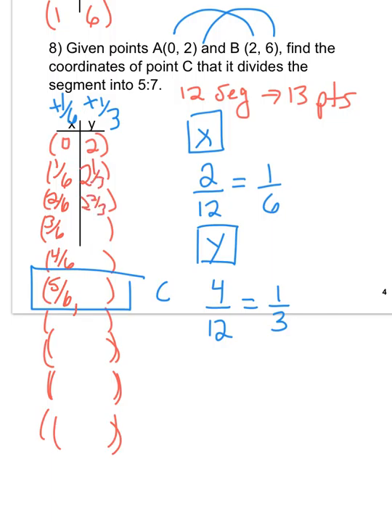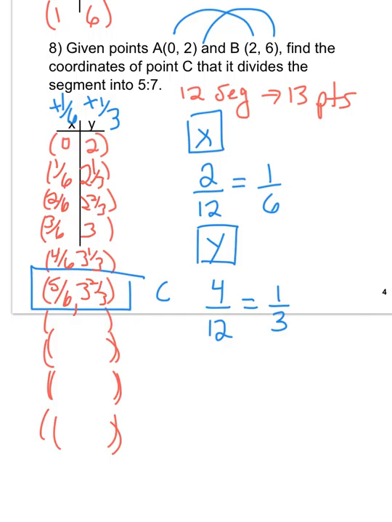Sorry, it's so messy, guys. 2 plus 3/3 would be 3. 3 1/3. 3 2/3. Well, you could continue to keep making sure you would get the right values. You would be adding 7 more of these. So you could actually add to make sure you get the value that you need.